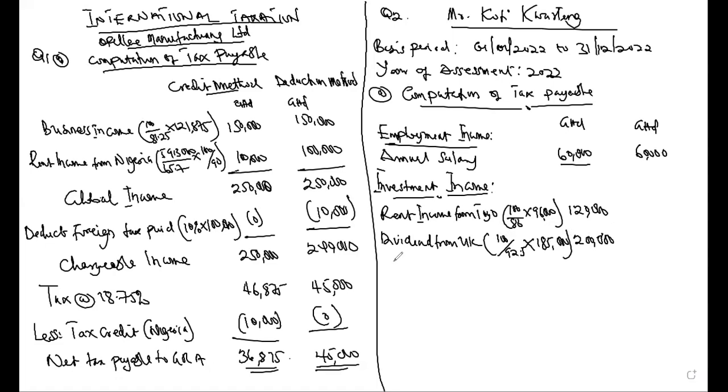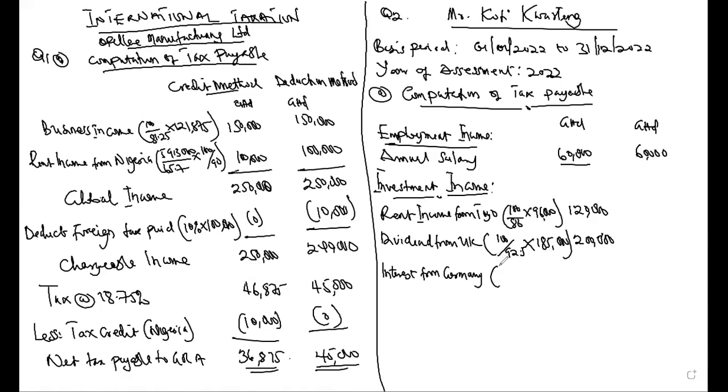The next income per the question, let's do the foreign one first, before we add the Ghanaian investment income. The next one is the interest that he received from Germany. The amount is 82,800.